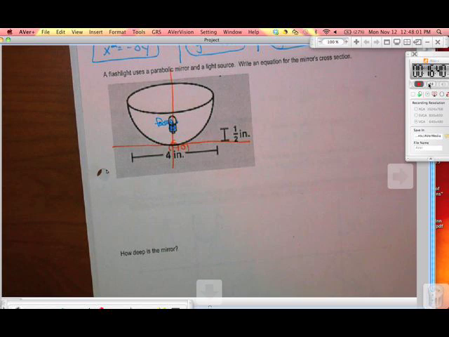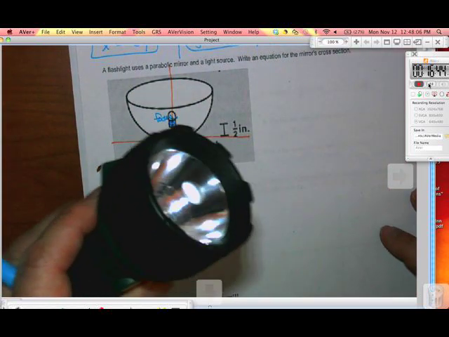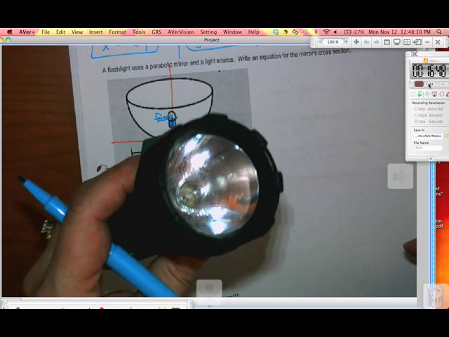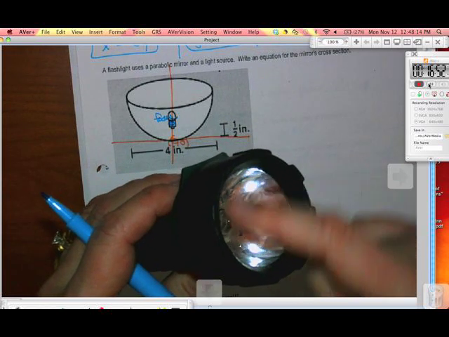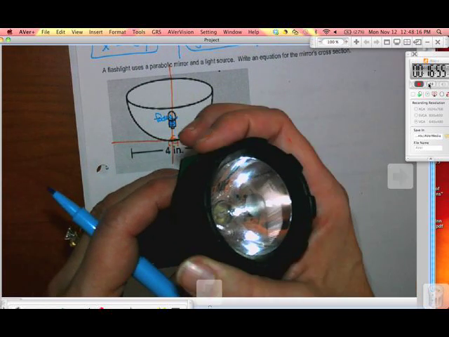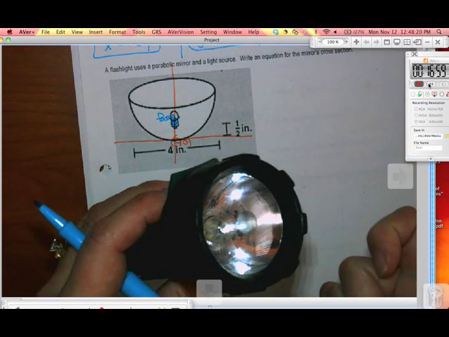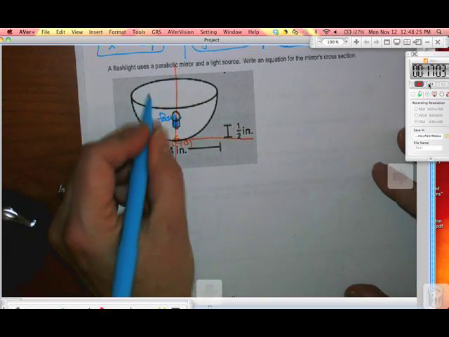It's kind of cool because I brought this flashlight in. The bulb in there is the focus, and the light comes out of there and reflects off the bowl surrounding it, which causes the light to come out as a big beam, not just directly from that light bulb. The light is reflecting off the parabolic bowl in there.